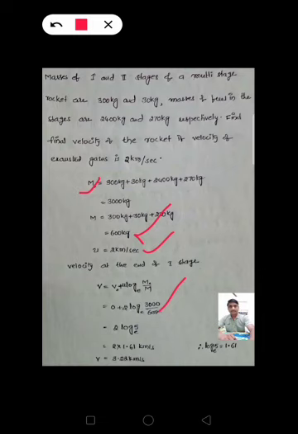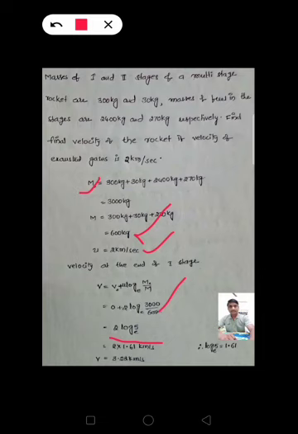Thus we can write 2 log 5 to the base e. So that is equal to 2 into 1.61 km per second. Here 1.61 is the value of log 5 to the base e. So from this we get v is equal to 3.22 km per second. Now this is the velocity of the rocket at the end of the first stage.